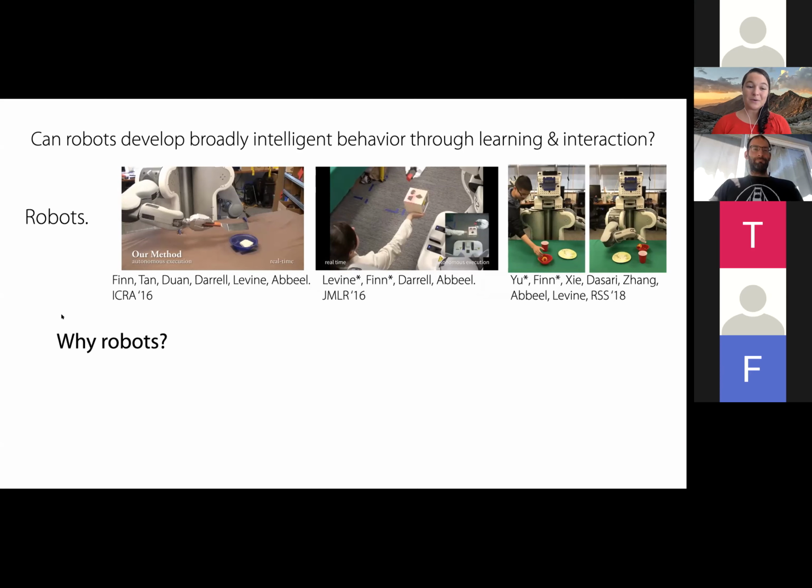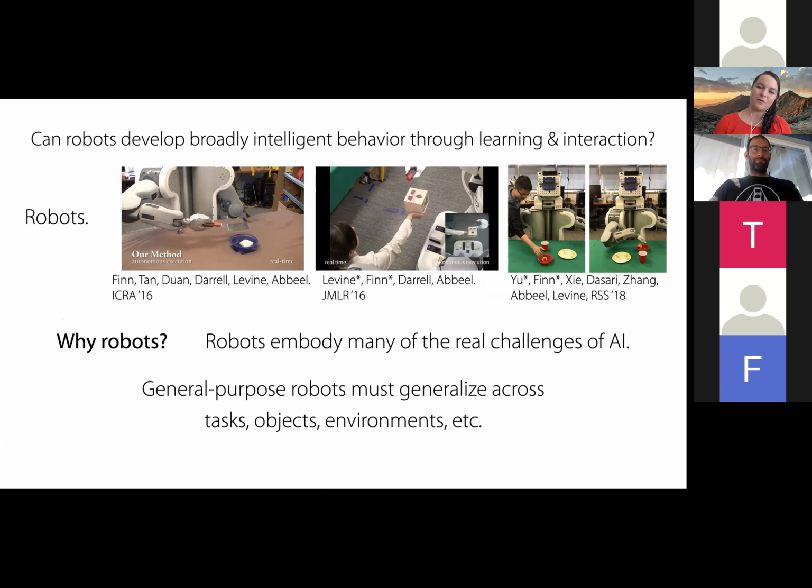One of the reasons why we like to study robots is that I think they embody many of the real challenges of intelligence that humans are faced with when trying to make sense of the world. For robots to actually be useful, you don't just want a robot to do one very narrow thing.